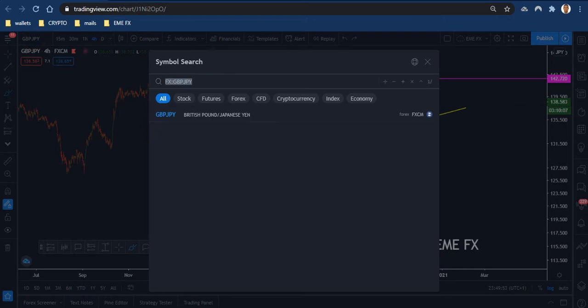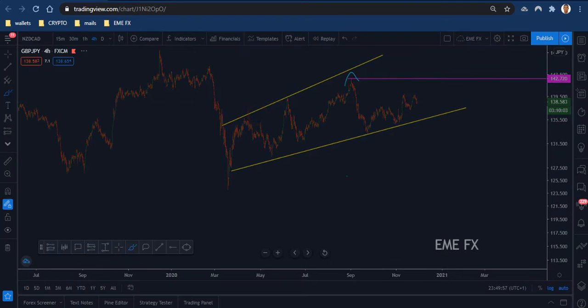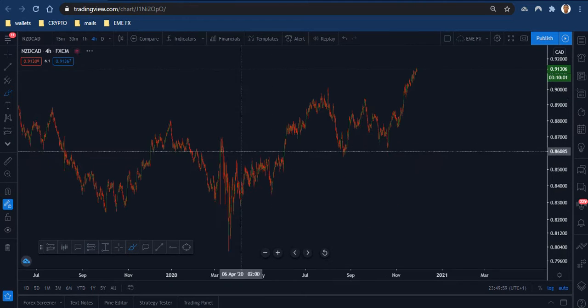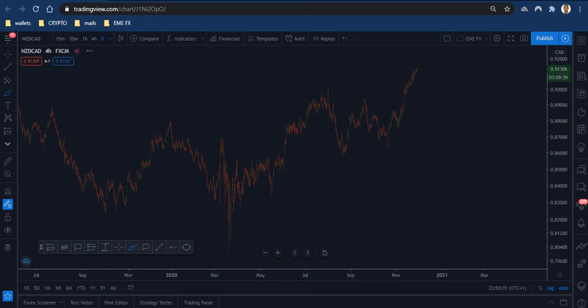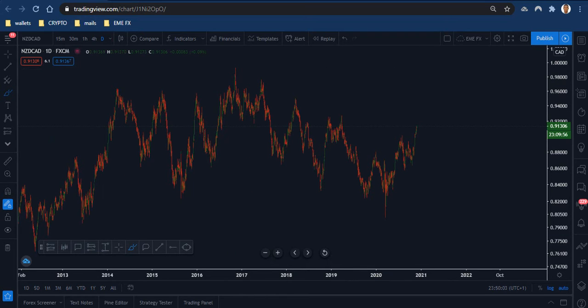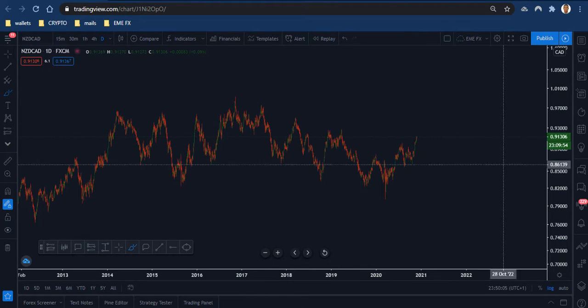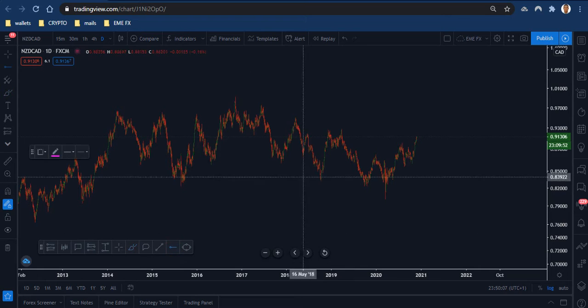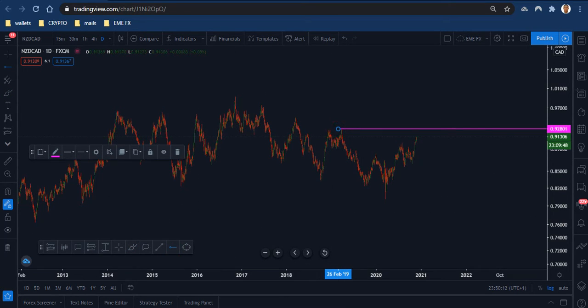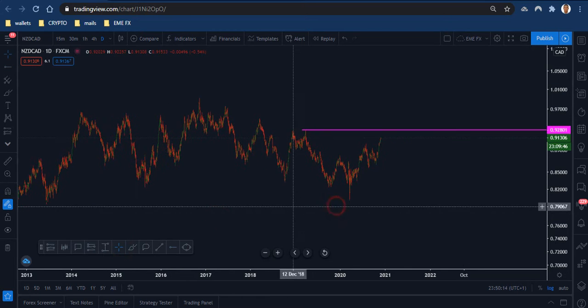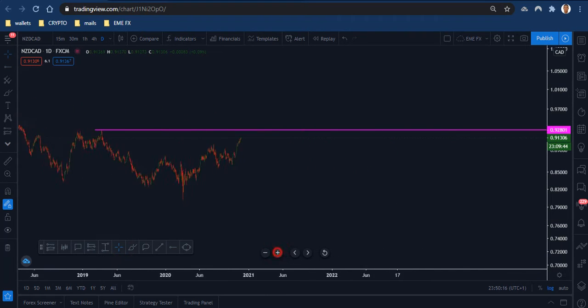So let's check on what we have on NZDCAD. Let's start from the daily time frame. Here on the daily time frame, we see price also approaching around this higher time frame key structure.